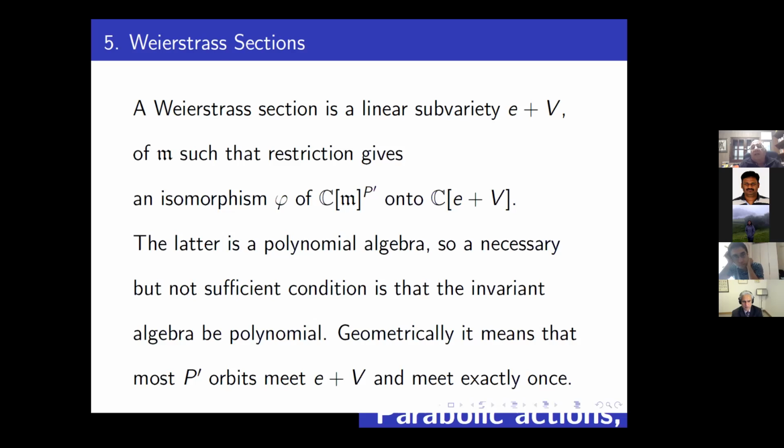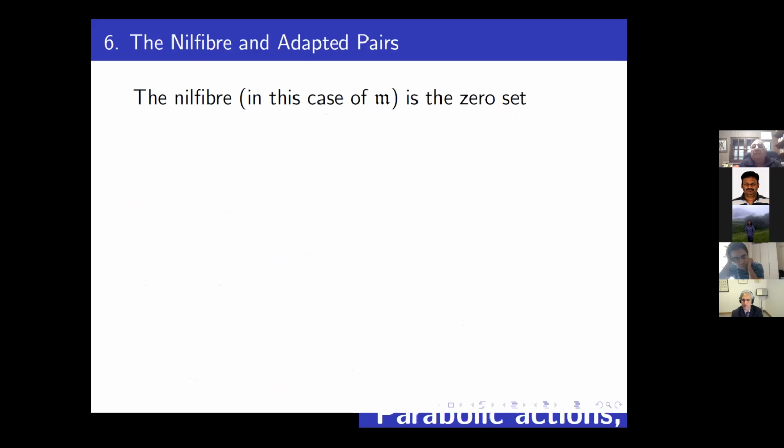So you might like to ask which orbits meet E plus V. Sometimes that's just the regular orbits. And in the case of SL3 acting on its 10-dimensional representation, this canonical form coincides with Weierstrass canonical form. Now let me describe the nilfibre, which will play an important role, and adapted pairs.